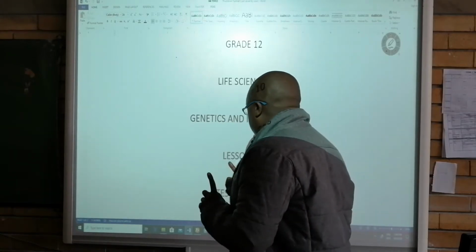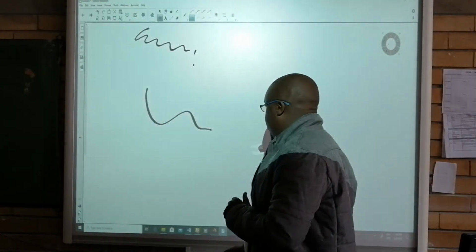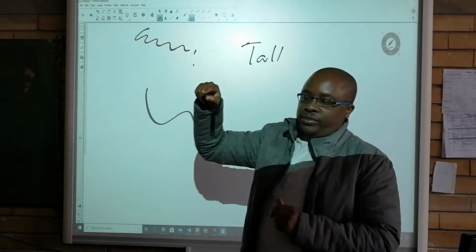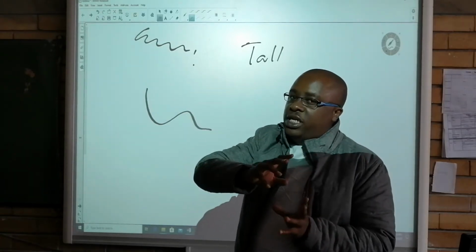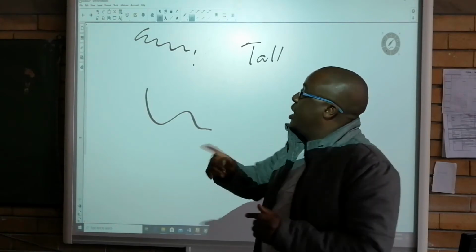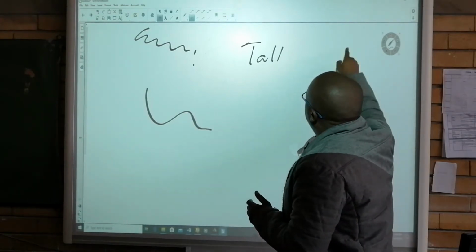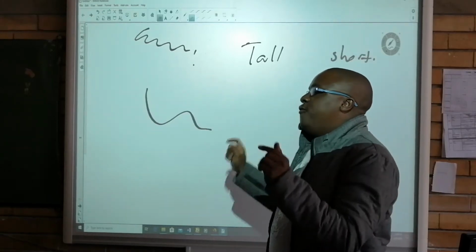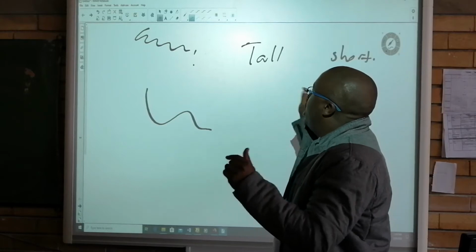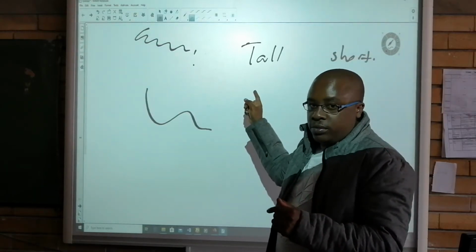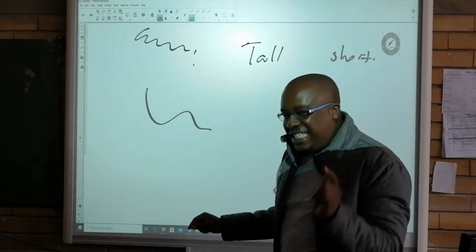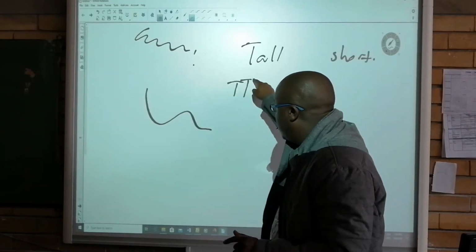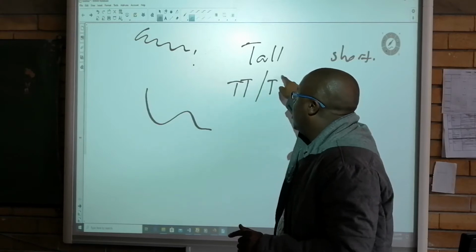For a plant to be tall, we know that tall is the dominant characteristic. And we know that tall is dominant over what? Over short. Now, for a plant to have the phenotype tall, it means that the genotype for that plant can either be homozygous dominant or heterozygous.